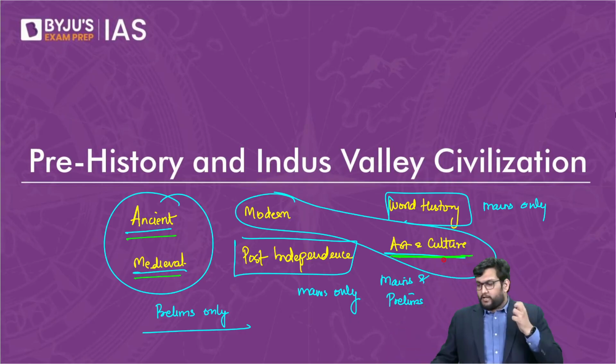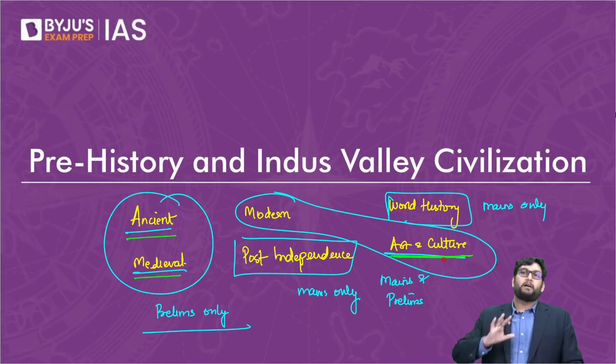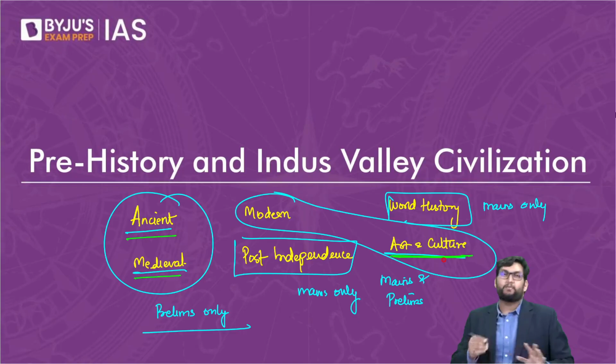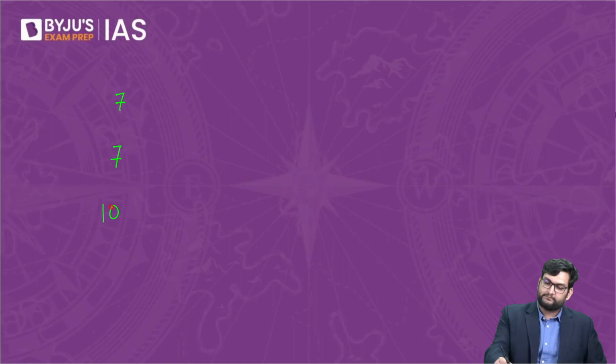Now, in how I teach, we have 7 modules of ancient, 7 modules of medieval, 10 modules of art and culture.